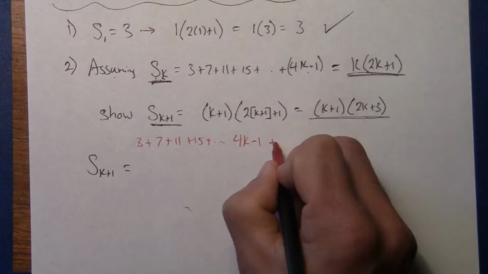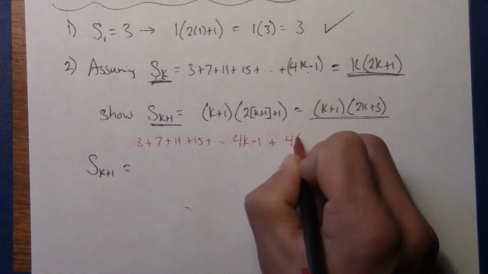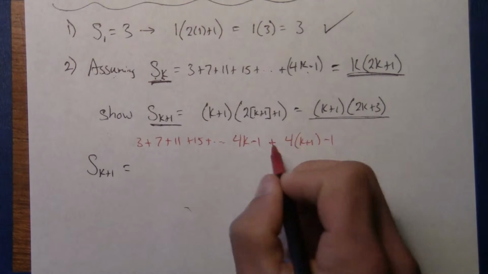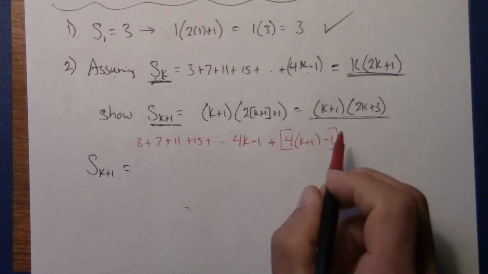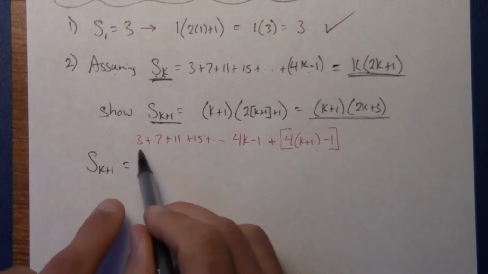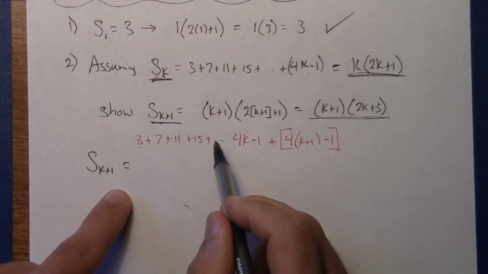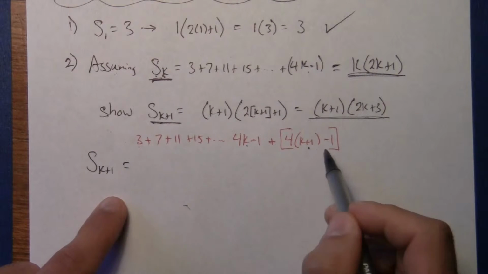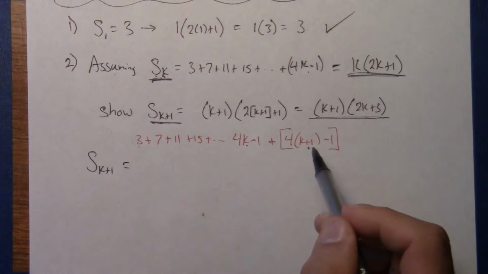And then it would be plus, the k plus 1 term would be 4 times k plus 1 minus 1. If I look at that as the s sub k plus 1 term. Hopefully that makes sense to you. Here's the first term, second term, third term, fourth term, and so on. The k term, k plus 1 term. Adding all those together would give me the sum of the k plus 1 terms.